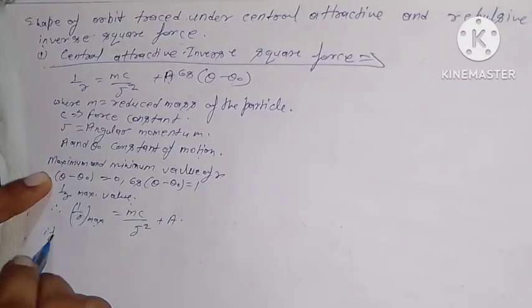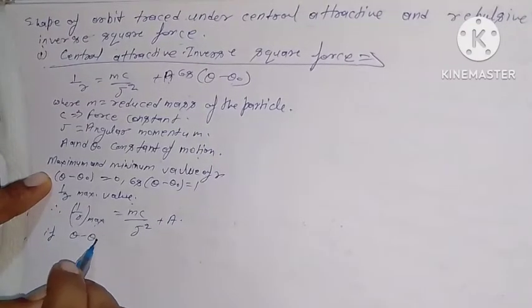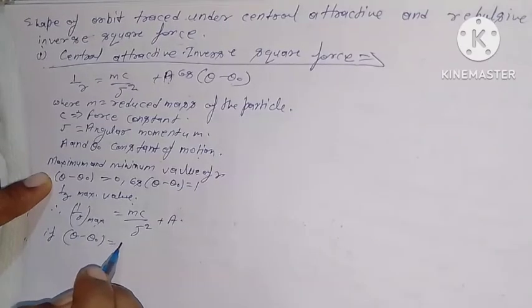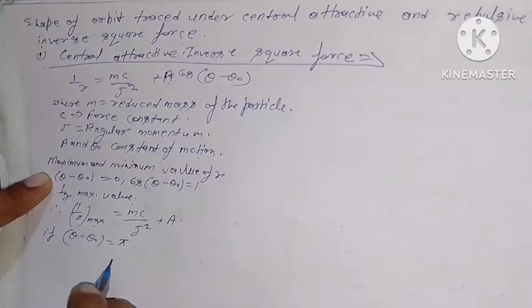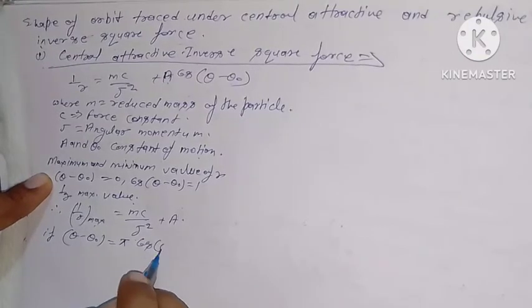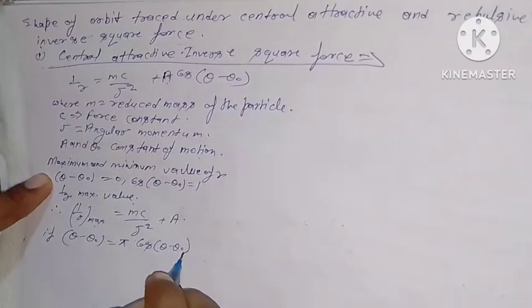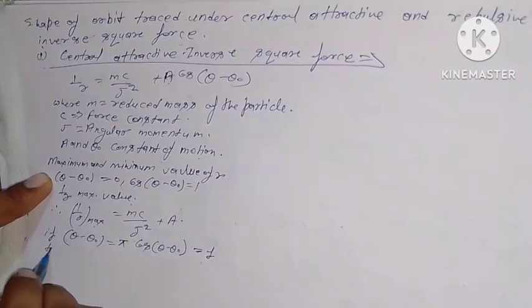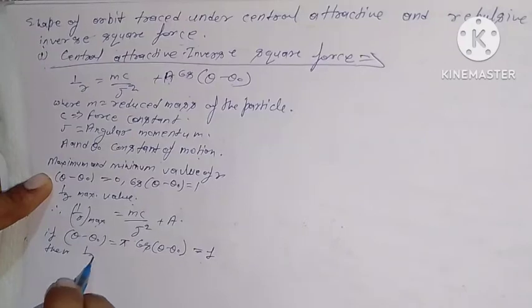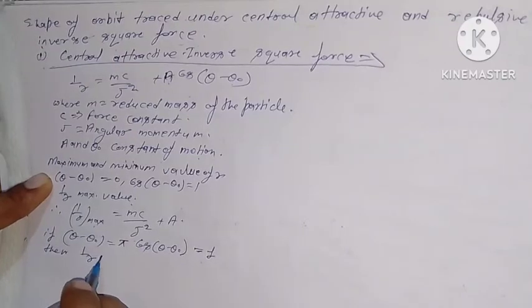This is equation number 1. If theta minus theta naught equals 180 degrees, that means pi, and cos(theta minus theta naught) equals minus 1, then 1 upon r has the minimum value.